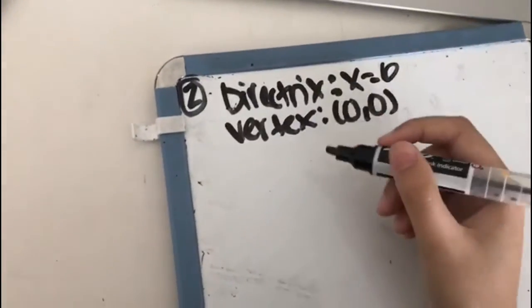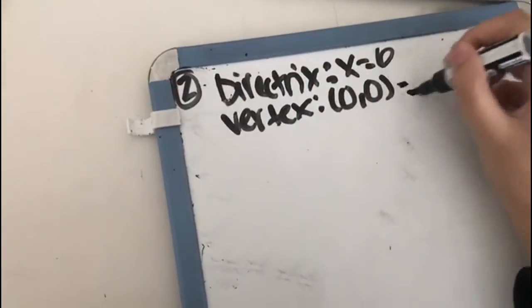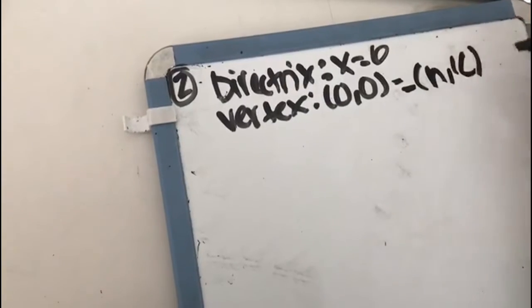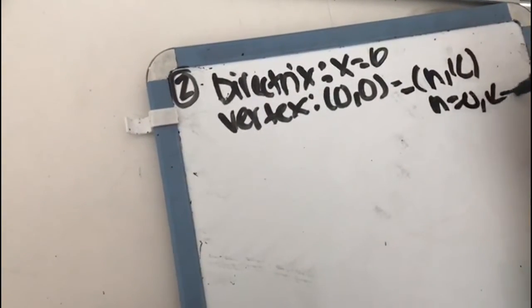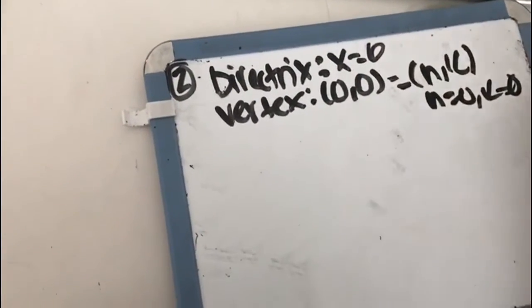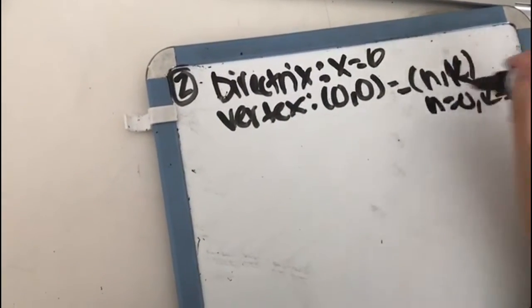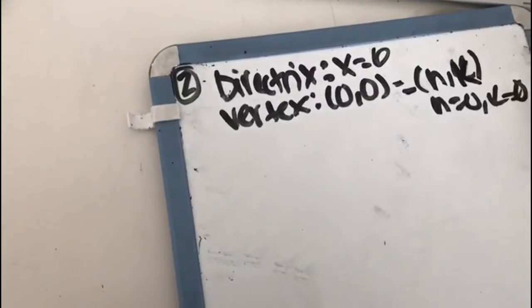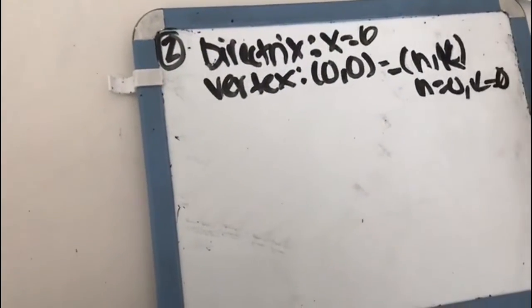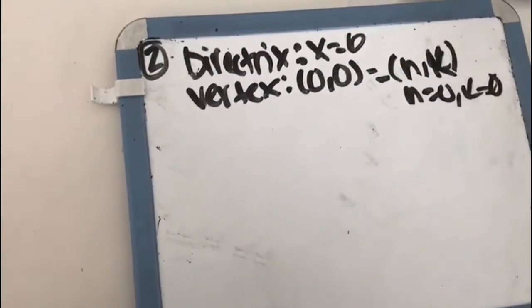It's mostly h and k. So h equals 0 and k equals 0, because they're both 0, as a summarization of what I just did.